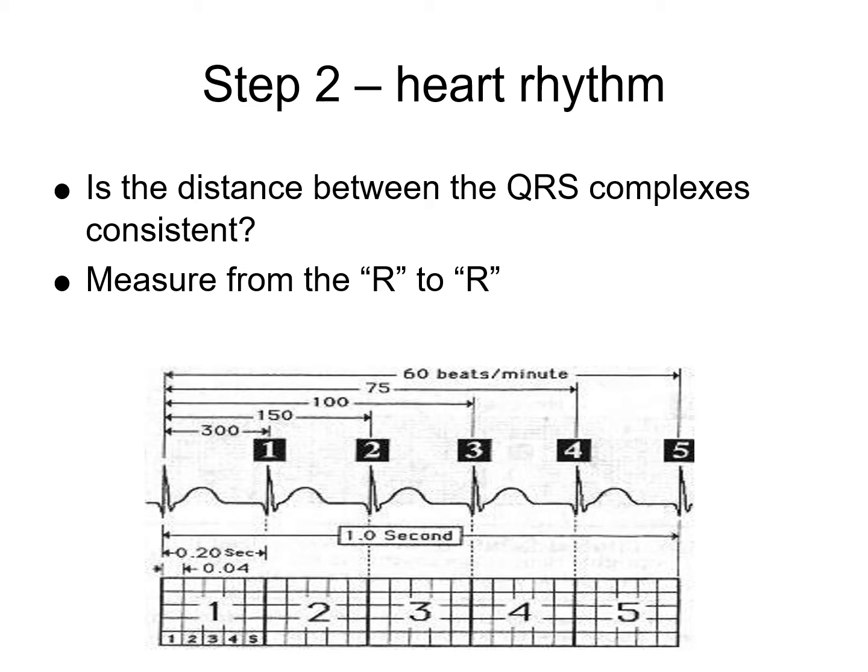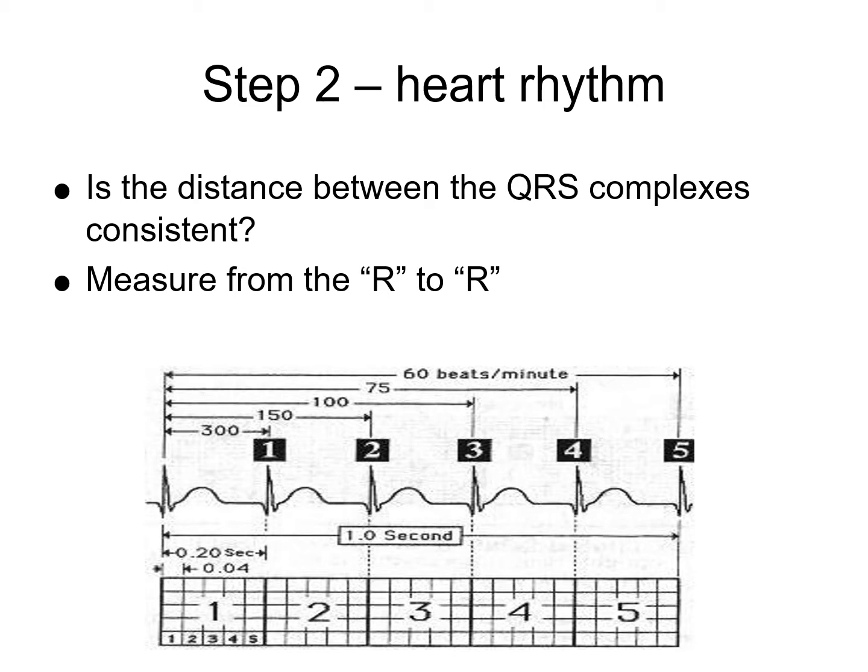You find the R wave on the heavy line of the strip, and then count the number of large boxes between the first R wave and the second R wave. If there are 3 large boxes between them, like number 3 up at the top by the black number 3s, then you take 300 divided by 3, and that gives you 100 beats per minute.